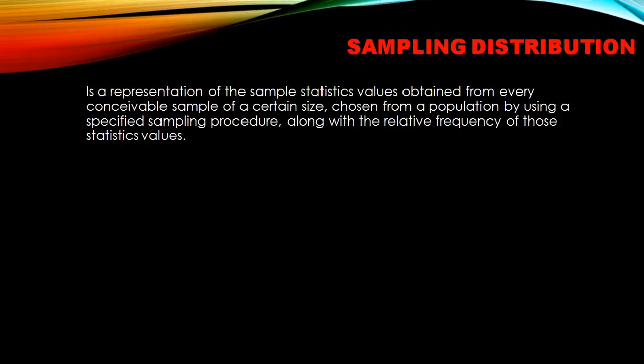I have a huge population from which I extract n number of samples. Each sample will have its parameter, let us say the mean. I have n means from n samples.